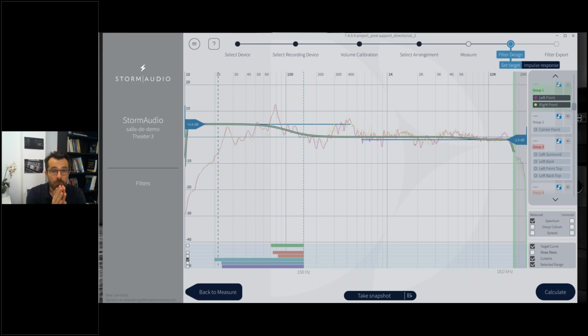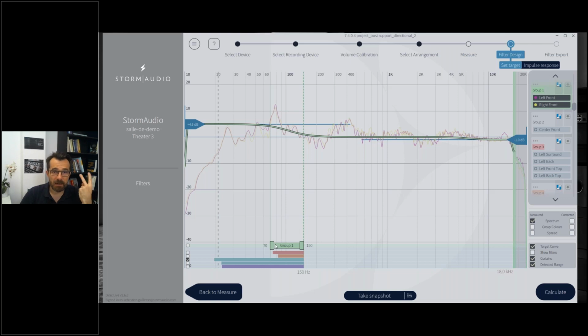The way the tool works is that for each speaker of a support group, you define their capability. When you define here, for example, that the speakers of group 1 will support each other down to 70 Hertz, it means two things.